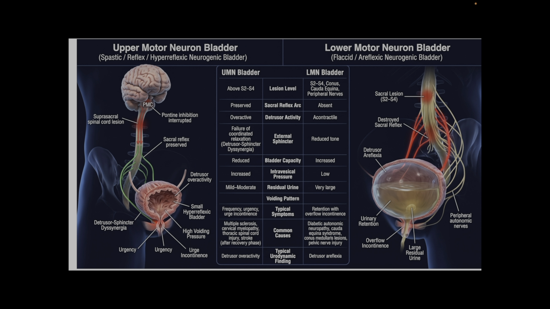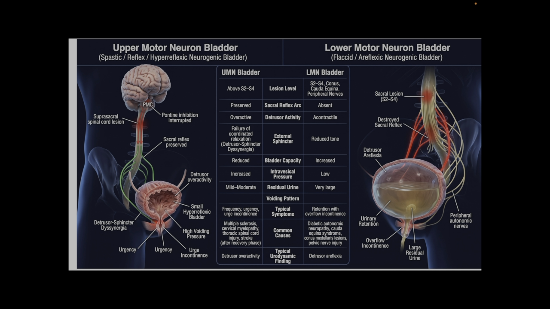A simple way to remember this distinction: in a UMN lesion, the bladder contracts too much but empties poorly because the sphincter does not relax, resulting in a small bladder, urgency, and high pressure voiding because of detrusor sphincter dyssynergia.